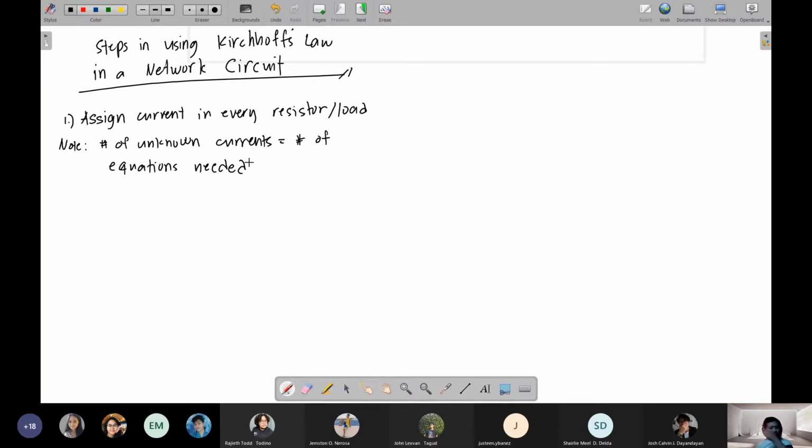For example, there are 3 unknown currents: current IA, IB, and IC. Therefore, you need 3 equations to solve those unknown currents IA, IB, and IC. So meaning, the greater number of unknown currents in your circuit, the greater number of equations needed.